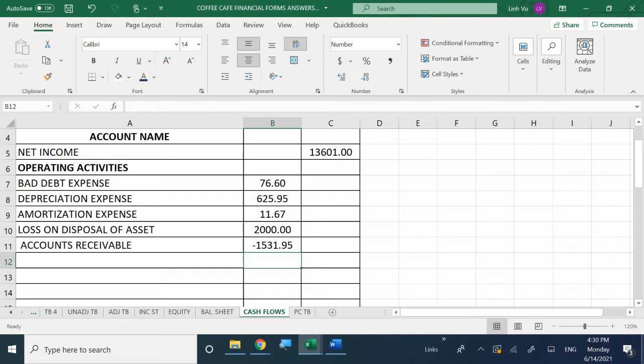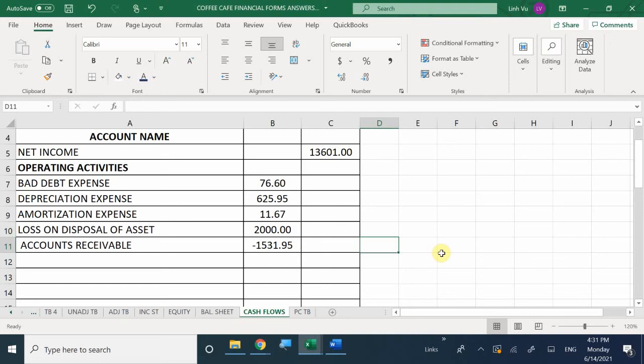So we did accounts receivable equals negative $1,531.95. Okay, because my net income says that I received money for this transaction right here, because my net income includes all the sales.